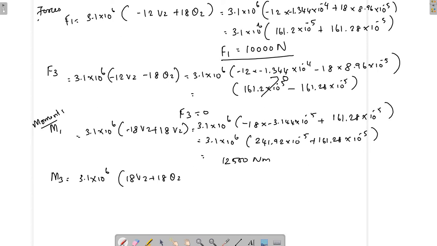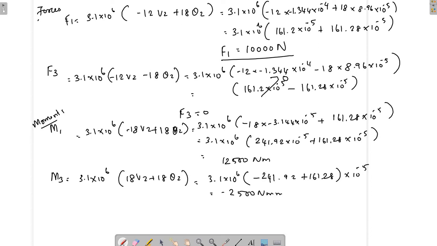Here I have made a mistake, it is theta 2. So 3.1 into 10 power 6, and it is minus, because from the previous value I am taking the answer, minus 241.92 plus 161.28 into 10 power minus 5. So the resultant value is minus 2,500 Newton meter.